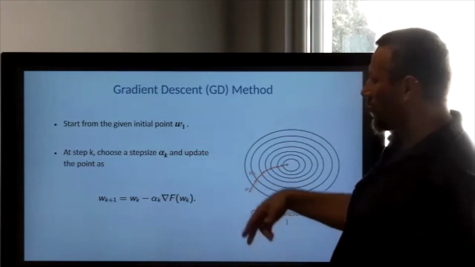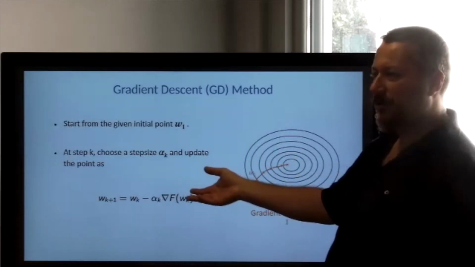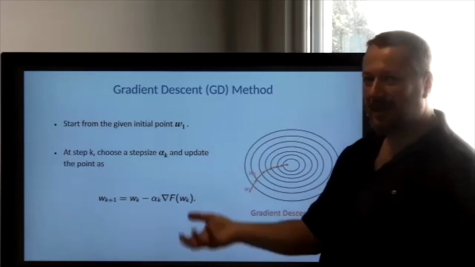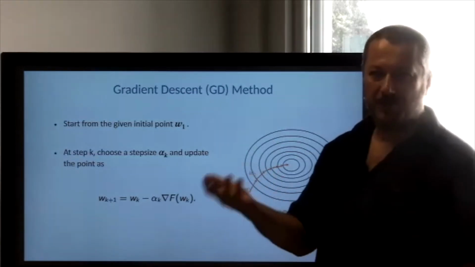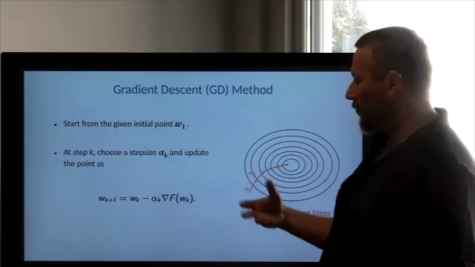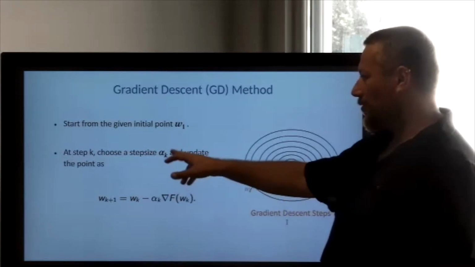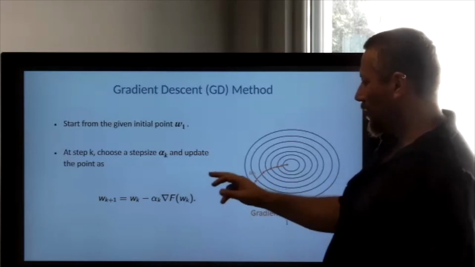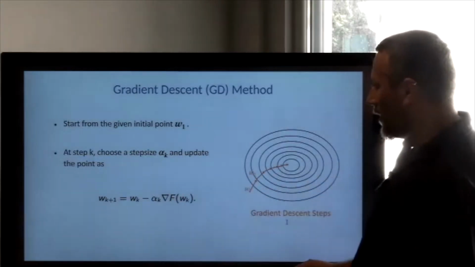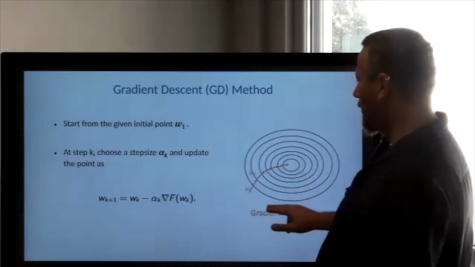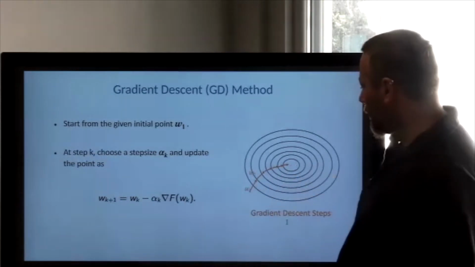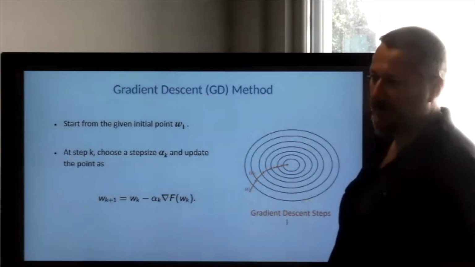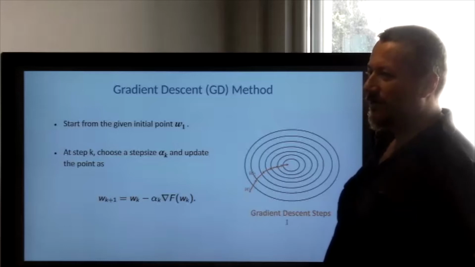And then at that point, we do this thing again. We calculate the gradient and multiply it with negative alpha k. Alpha k may change or may be the same from step to step, but for each step we choose a step size and then subtract it from the current point w k. After doing it sufficiently many times, hopefully we reach some minimum, a local minimum, or some stationary point of that function.